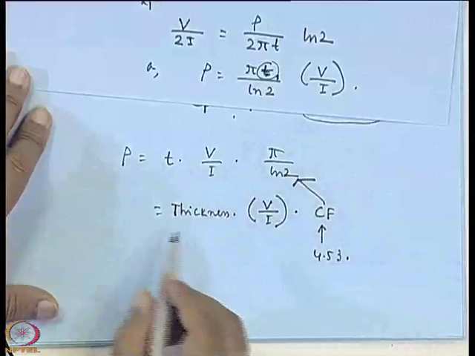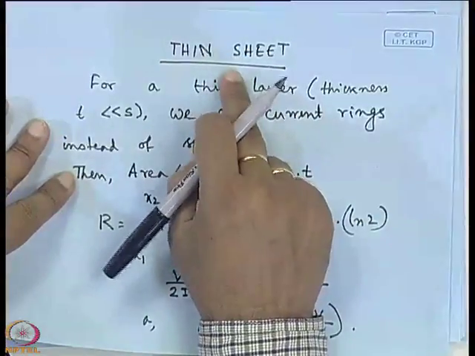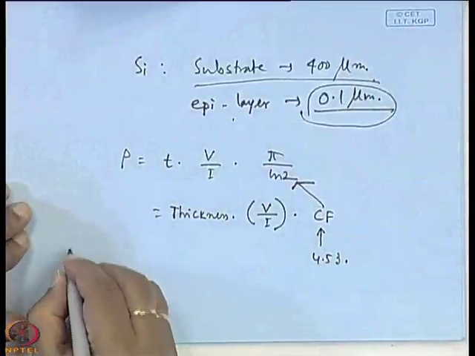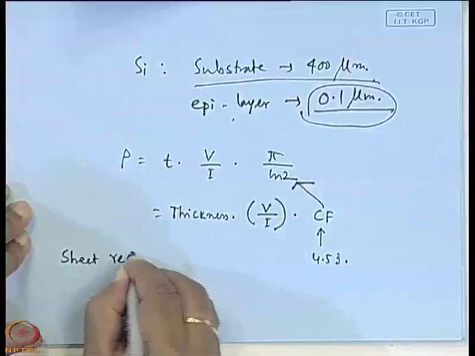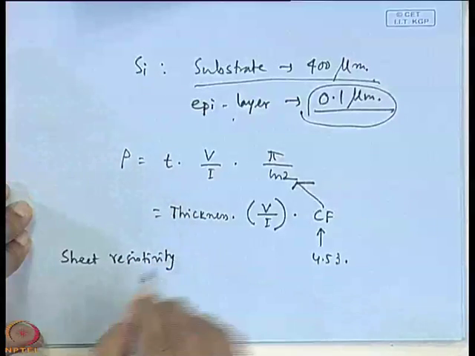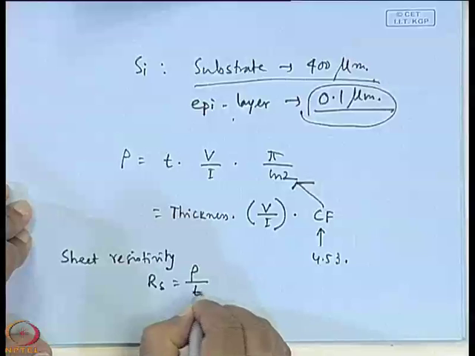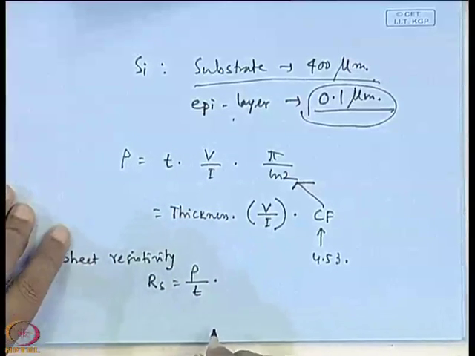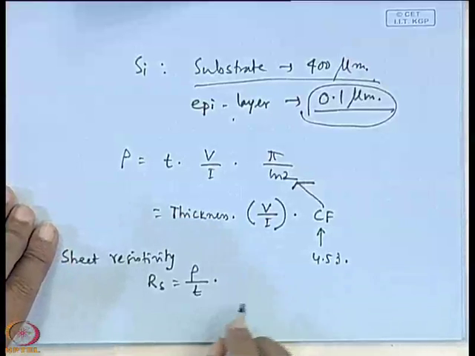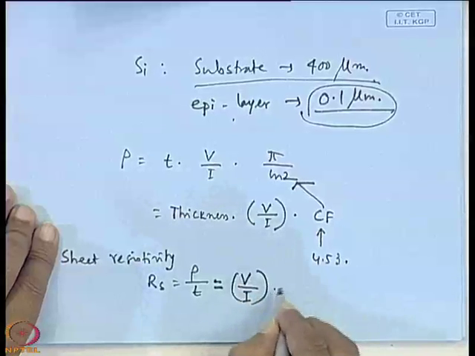Right. Now, another important thing is that since we are considering a thin sheet or an epitaxial layer, what is the sheet resistivity? Sheet resistivity Rs equals rho by T, or this equals V by I into the correction factor Cf.